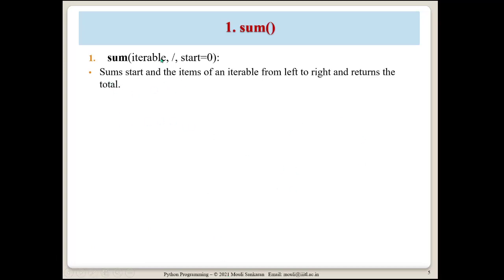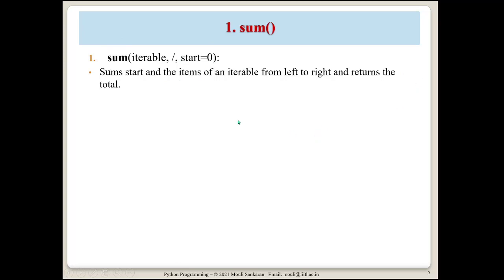But before that, let me complete all the explanation so that we can look at the implementation. Sum starts and sums. It sums, as it's a verb. Sums start and the items of an iterable. It is adding up the start and then the items inside the iterable from left to right and returns the total. This is doing the addition of all these values, but it is doing it in this order.